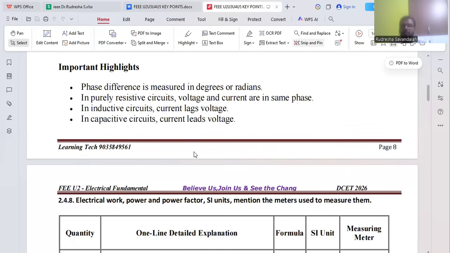In capacitive circuits, current leads voltage.